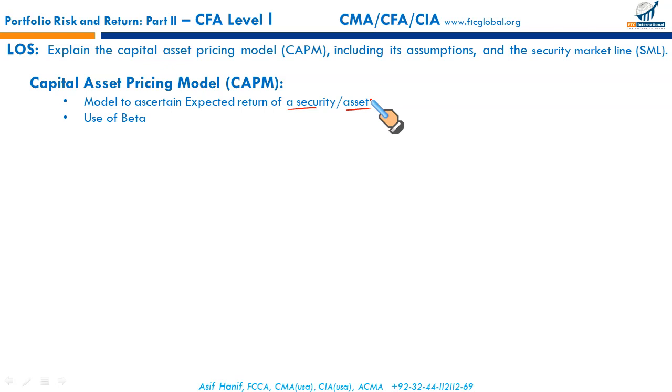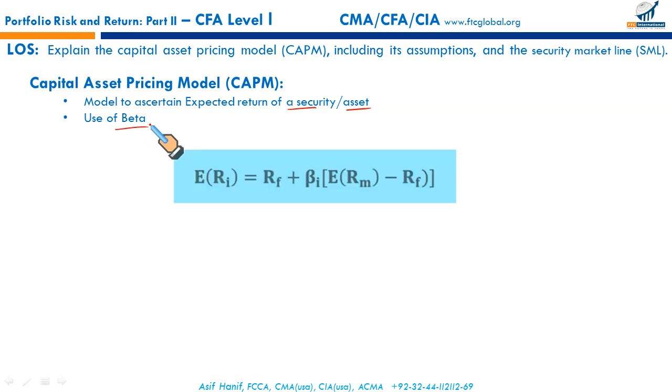The primary determinant in the capital asset pricing model is the beta. Beta is a capture of systematic risk. And this would be the equation that we will use in CAPM. Expected return on the asset, risk-free rate, beta as discussed in the previous LOS, and the excess return, the premium, that is the expected return on the market minus risk-free rate.